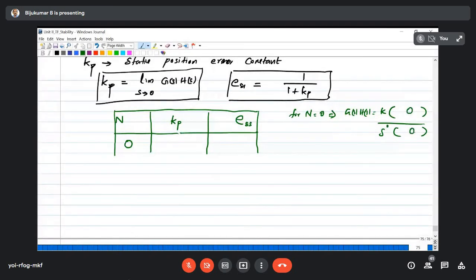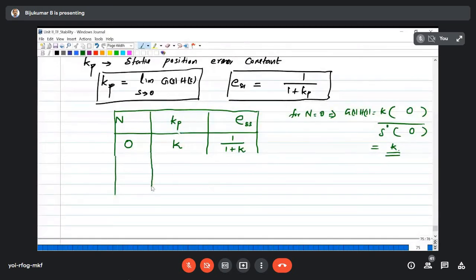Finally it will become k by 1, that is k, right? So Kp becomes k. And finally, the steady state error becomes 1 divided by 1 plus k, where k is the open loop gain of the system.